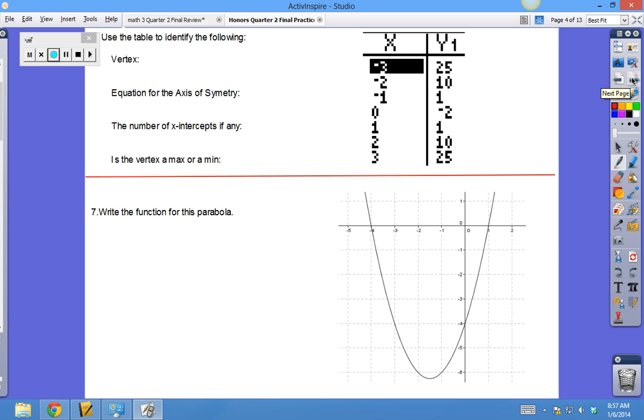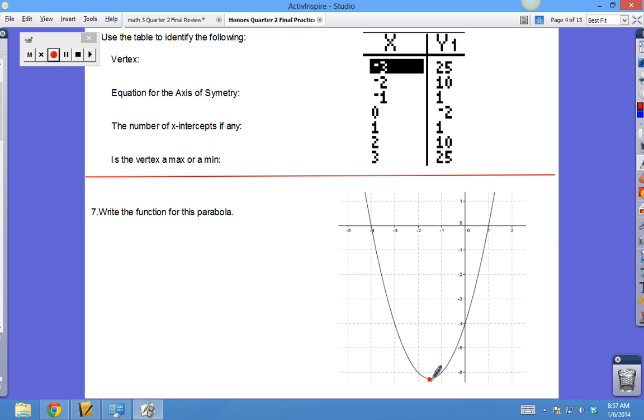Okay. Can you identify the vertex by looking at a table? So here's what you know about a vertex. It is the point where it turns around. If you're looking at a picture, it's easy because it's the dead center. And it is the moment where everything turns around and starts to go the other way. So if you're looking at a table, I think I found it right here.